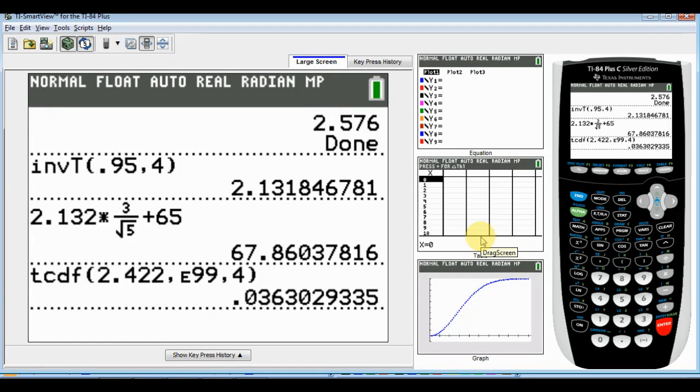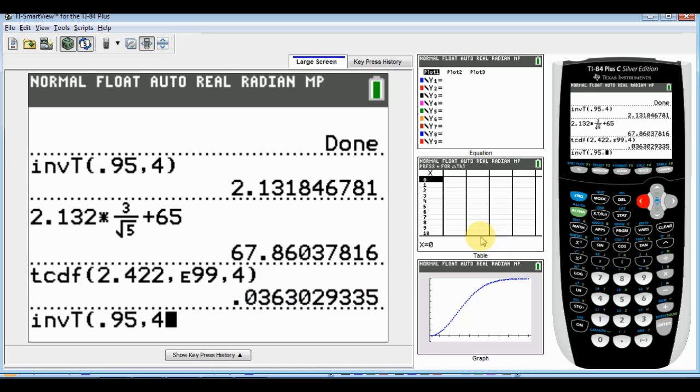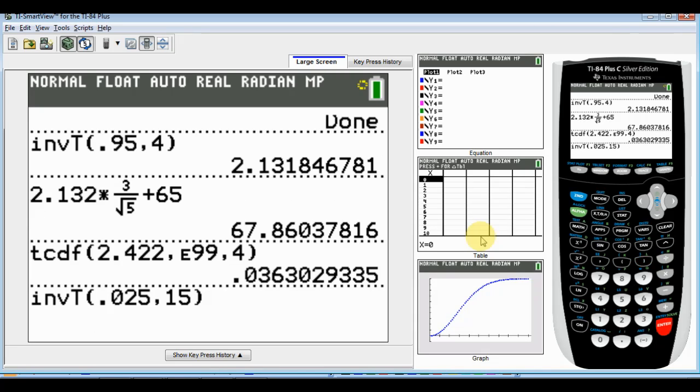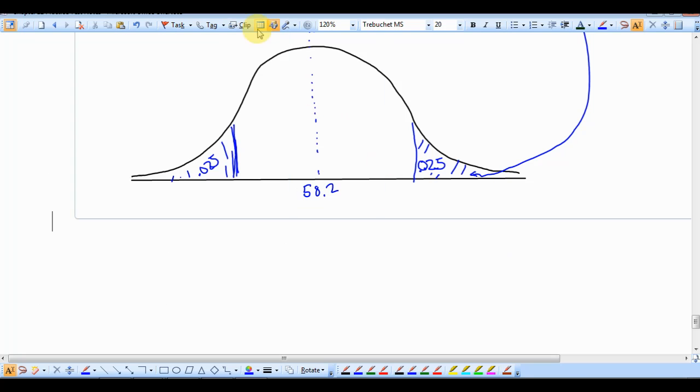We're going to inverse t again, inverse t 0.025. And I believe there were 15 degrees of freedom, right? Yes. All right, so that gives us this number.